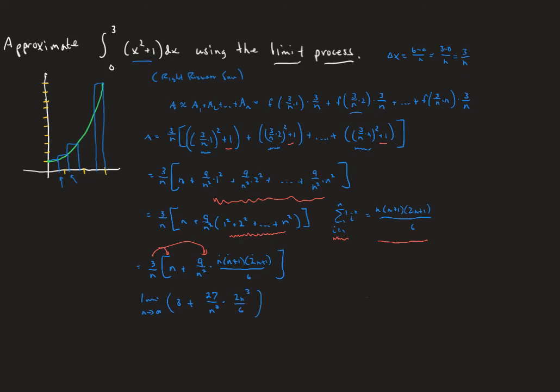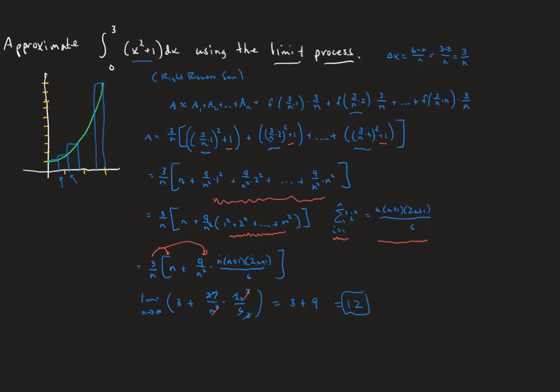So that's going to be 2n cubed over 6. So the n cubes are going to drop out. We're going to get 3 plus, and we can cancel the 3 with the 27, and we're going to get 9, which is 12.